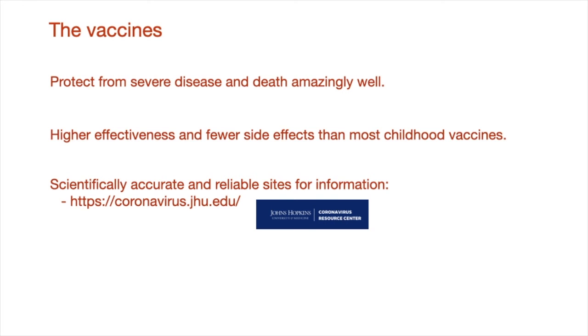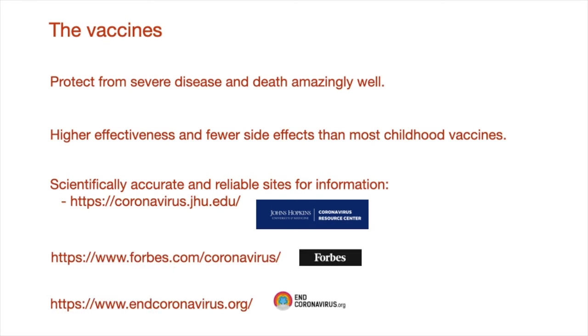And I am going to provide you 3 non-governmental sites that provide reliable and accurate information, both about the statistics of who's getting the virus, the biology of the virus, almost anything you'd want to know. Johns Hopkins is probably in the forefront of this effort, and that's their website.